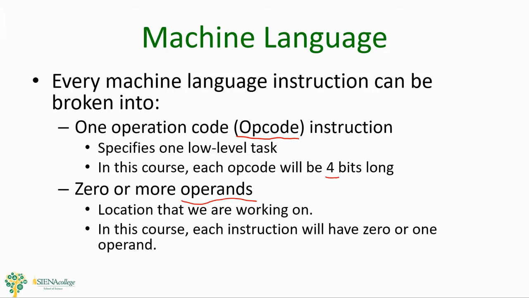The operands tell the opcode what it is that we're working on. In our course, all the instructions will have 0 or 1 operand. In fact, the halt command is the only one that does not use an operand. All of the other instructions we use will have 1 operand.